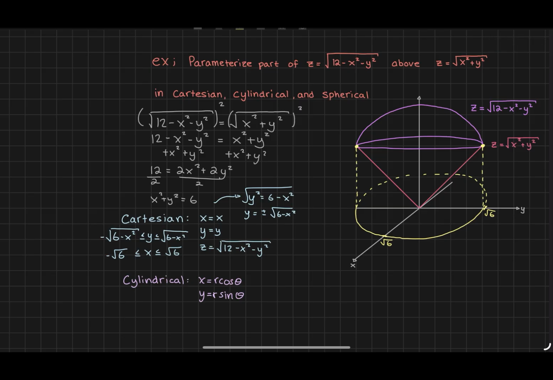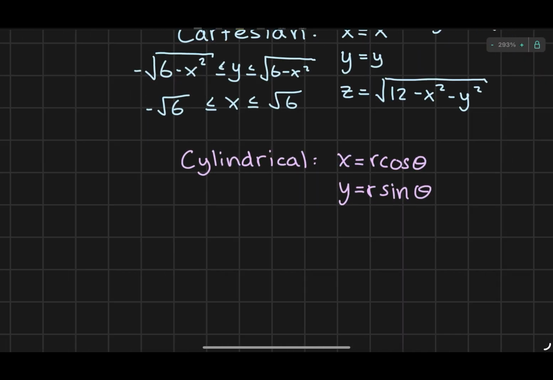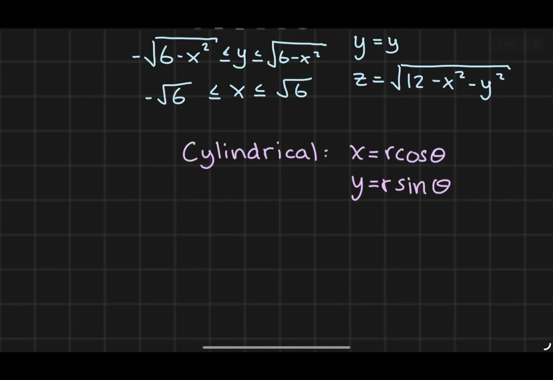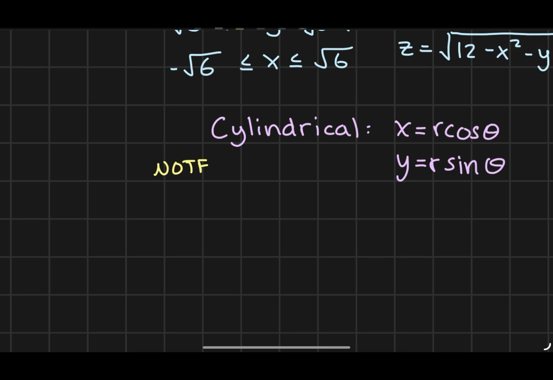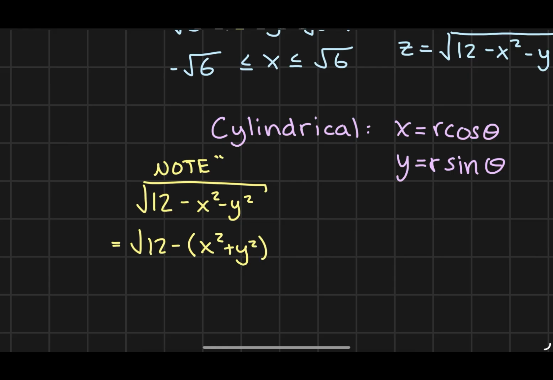But I just want to point out that if we factor out a negative from that square root, it's going to turn into the square root of 12 minus, in parentheses, x squared plus y squared. Let me write that down real fast, in a different color, just as a note. The negative gets multiplied out, therefore these are equivalent terms.